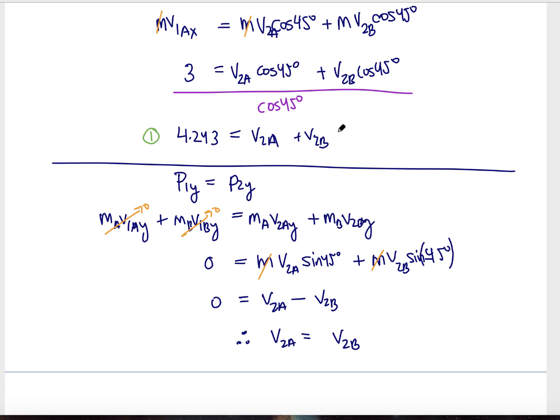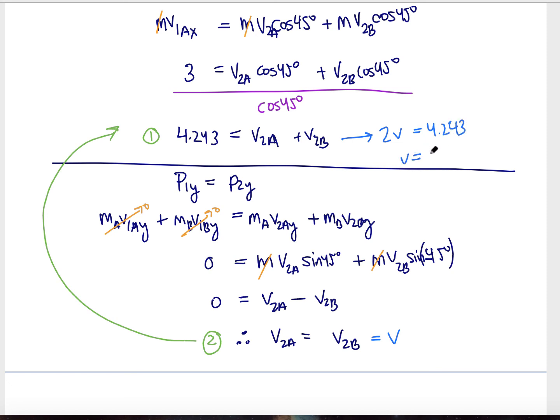So that helps us a lot, because we can take this, what we'll say is our relationship number 2, and we can plug that back into our equation number 1. So let's write this in a light blue. If v2a is equal to v2b, then we can say that that's equal to, let's just say v. Therefore, up here we would have 2v is equal to 4.243.